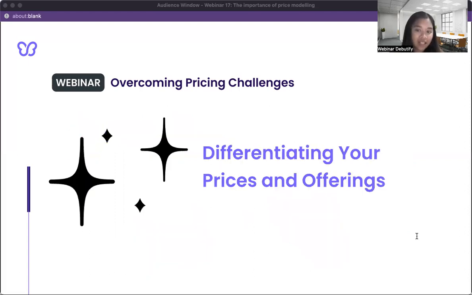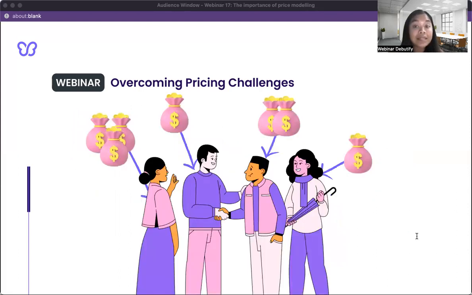The second challenge that we might encounter is differentiating our prices and offerings. One way to overcome this is by segmenting our customers. This means that we group our customers based on their preferences and willingness to pay. This way, we can provide different prices and offerings for each segment of customers.